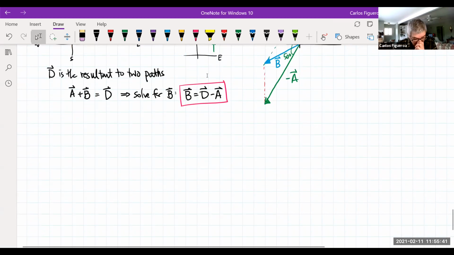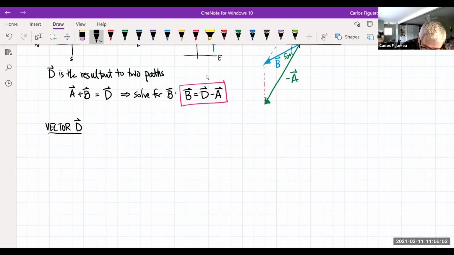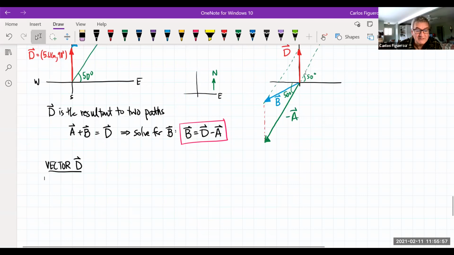My job here is to look at these vectors. So I have the vector D. When I look at the vector D, you can see that it only has a component along the y-axis. Its x component is 0.